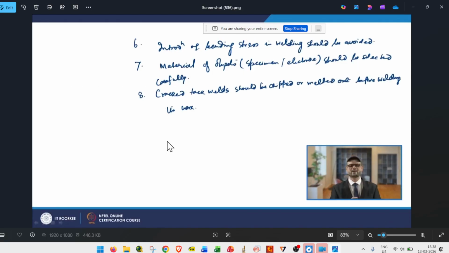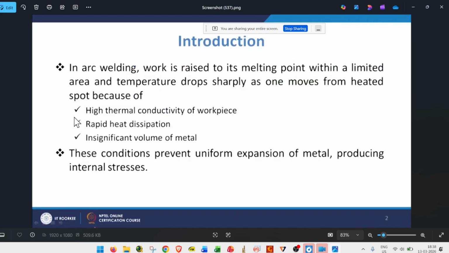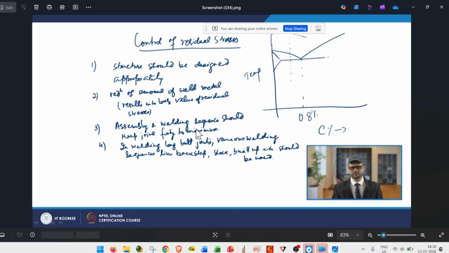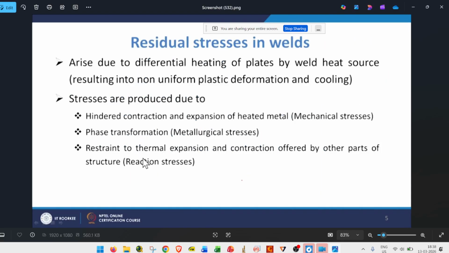One is hindering of the contraction and expansion of the heated material, that is mechanical stresses. Next is the phase transformation. Third is the restriction of the workpiece during the thermal expansion phase.